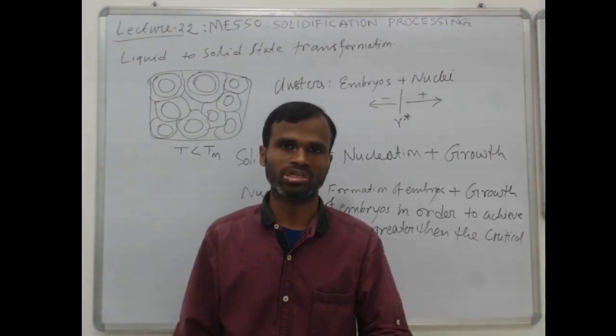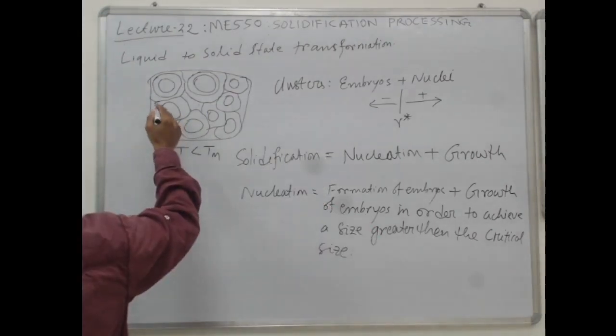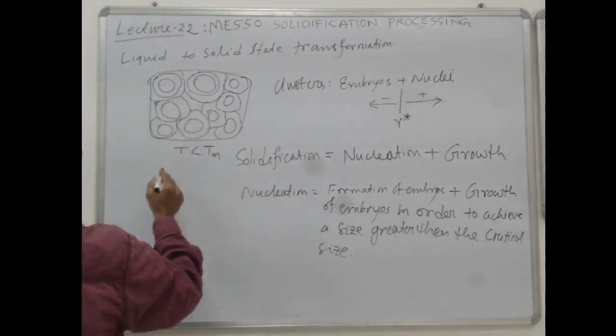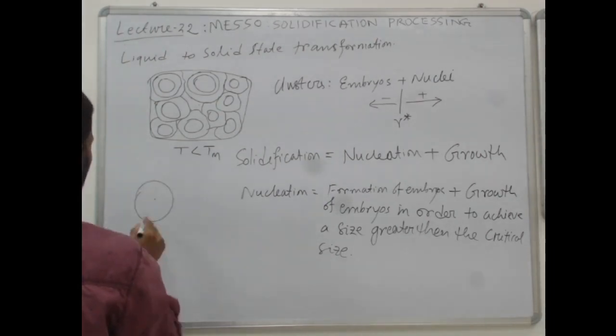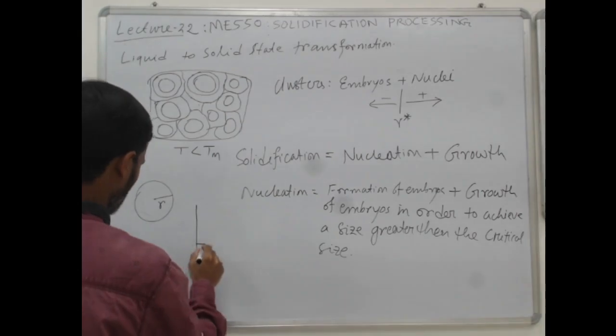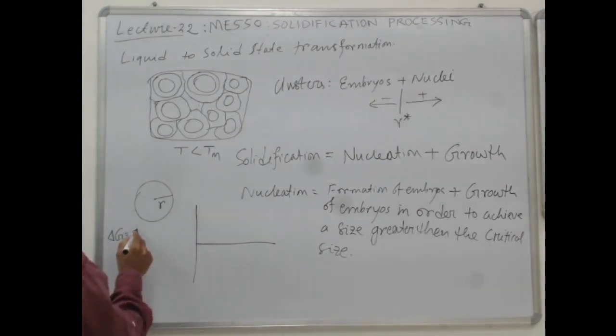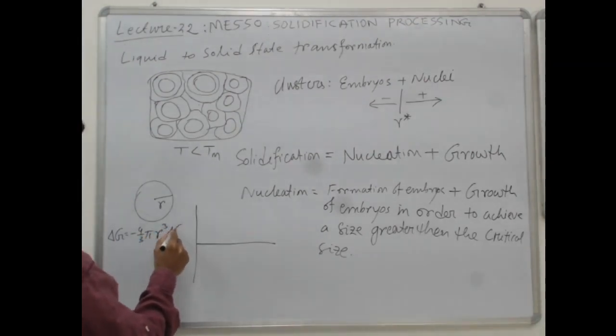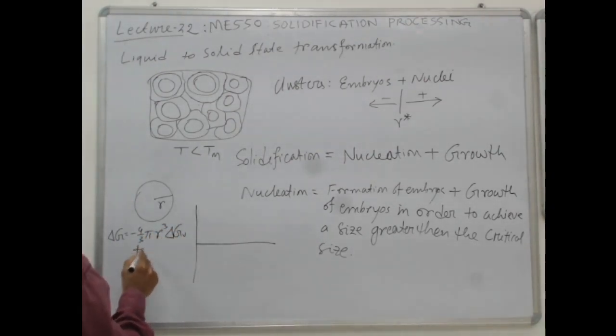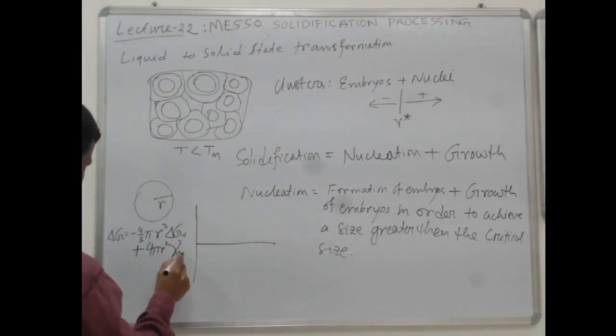This is called nucleation. If we consider that the particles being nucleated are spherical in shape, having a radius r, then we have discussed that the delta G, the energy of formation, is given by minus 4 by 3 pi r cube delta GV plus 4 pi r square gamma SL.